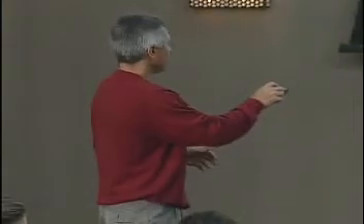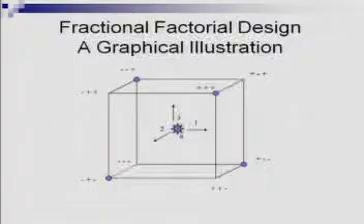I need 8, right? 2 to the 3rd. And all you need to do is count these. I'm not sure why anyone would do this, but sometimes people do. A lot of times people do a full factorial design, right? You want to get every interaction when two are turned on, one's turned off, et cetera.